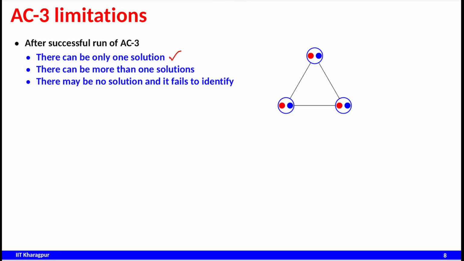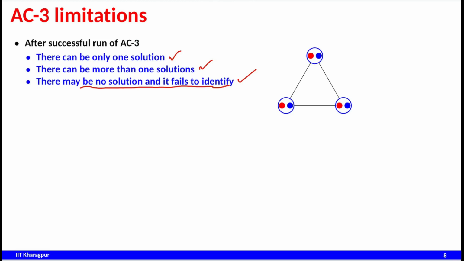There can be more than one solution, which is still okay. And the other possibility is that there may be no solution, but it fails to identify that. This is the most critical scenario, and not something you would like to encounter. The example that I gave for Sudoku is somewhat similar to that one.